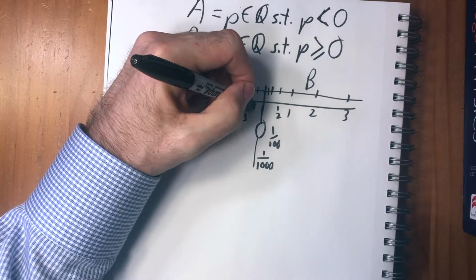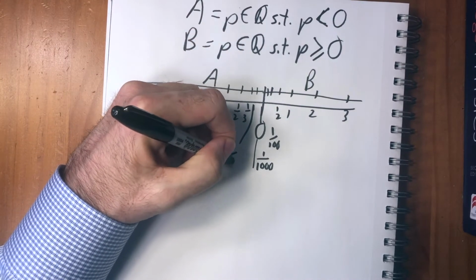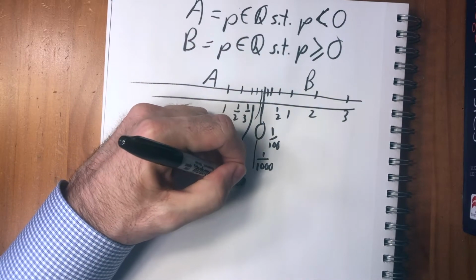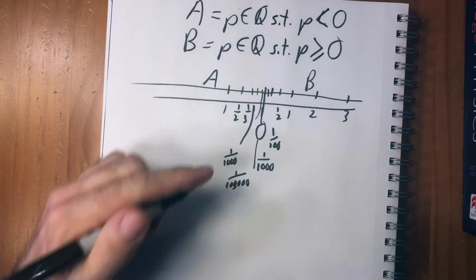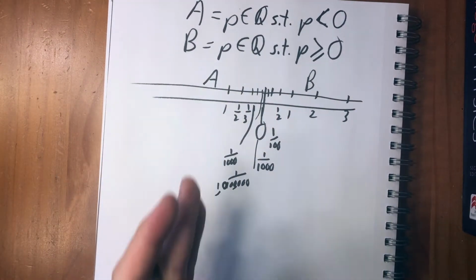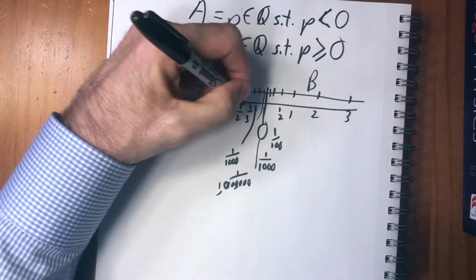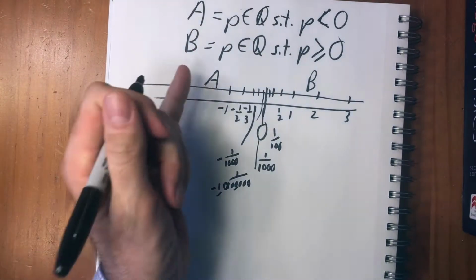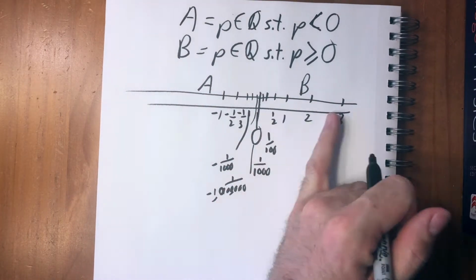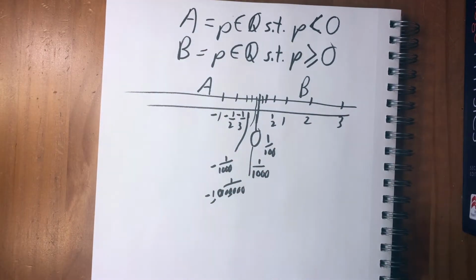You say 1 over 1,000, I'll say 1 over 1,000,000. Oh, all these are negative as well. I can always find a number bigger than the one you gave me and still less than 0. So A does not have a largest number.